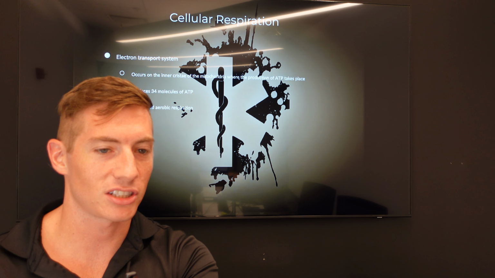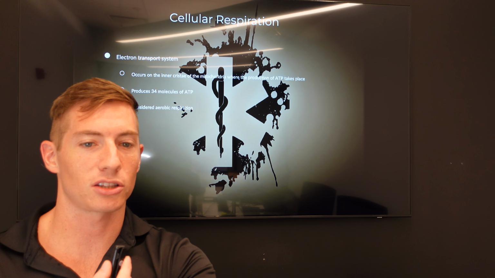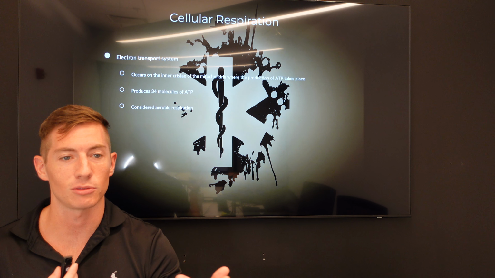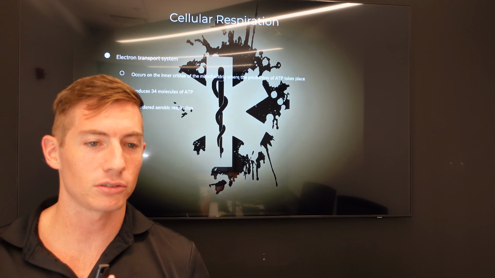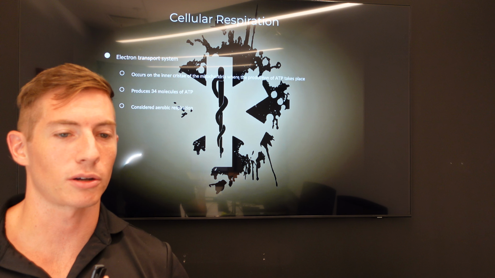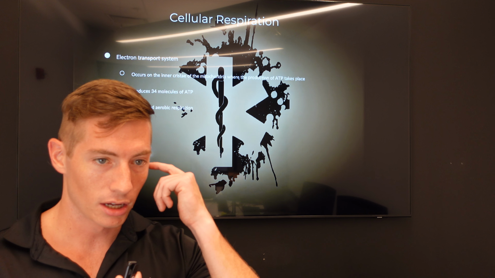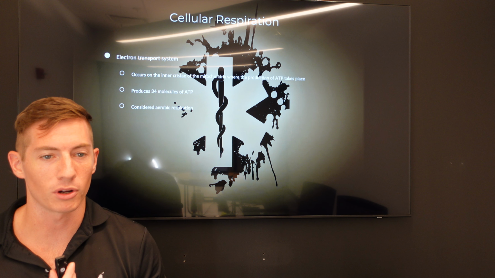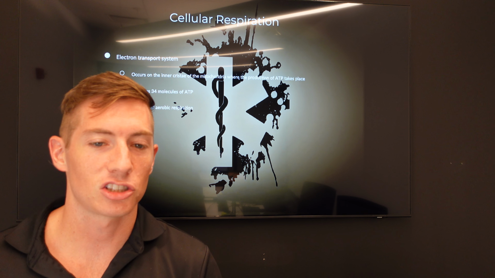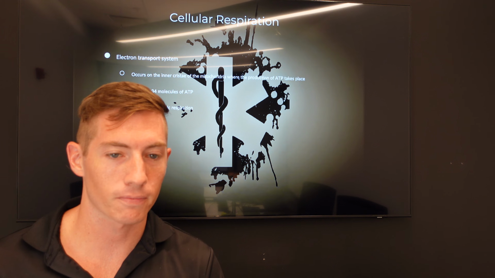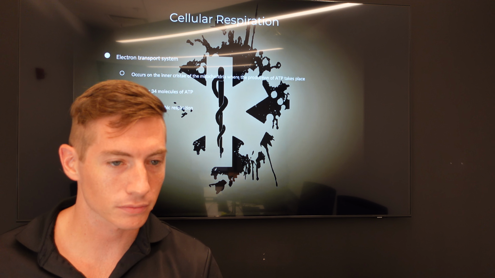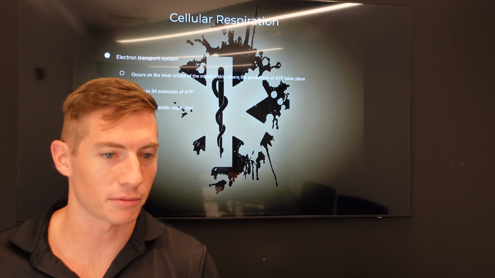At completion of all steps of cellular respiration, 38 molecules of ATP are produced: 2 molecules from glycolysis, 36 from aerobic respiration. Although this is an efficient use of one molecule of glucose, some energy is lost through heat, so it makes heat.